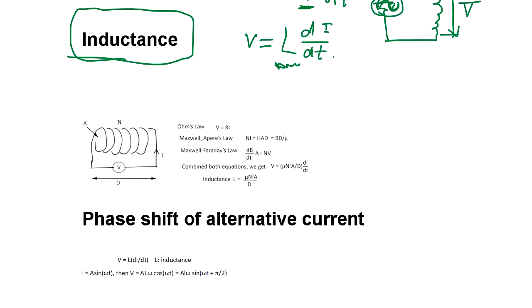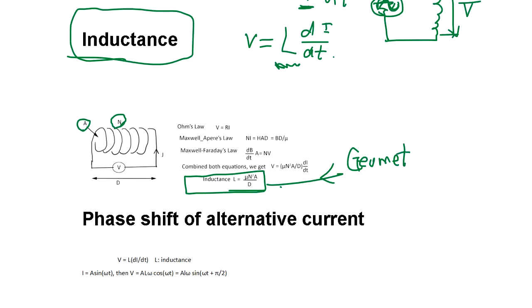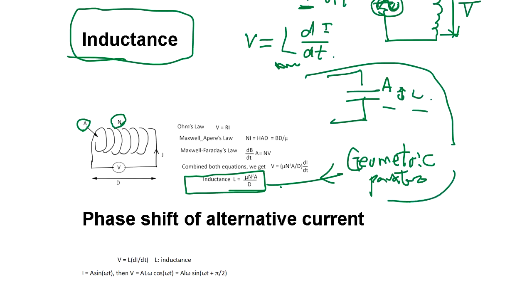If we calculate the inductance of many loops with area A and so on, we can calculate inductance exactly. Inductance is a geometric parameter, just like capacitance has a geometric area A and distance L. Inductance is the same way.